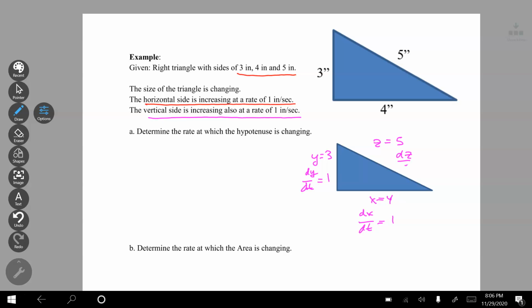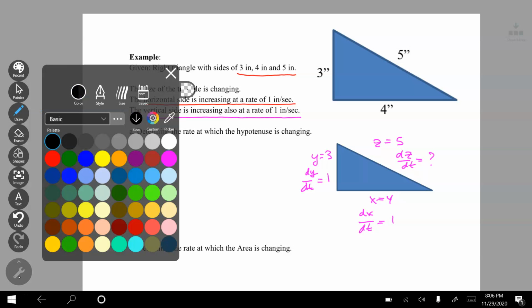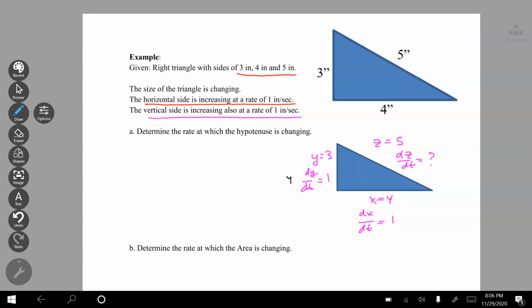And the derivative of that, I don't know that. Now if you want to call this y prime and this x prime and this z prime, it doesn't matter to me. We could start off with the Pythagorean theorem derivative, which is x times x prime plus y times y prime is equal to z times z prime.